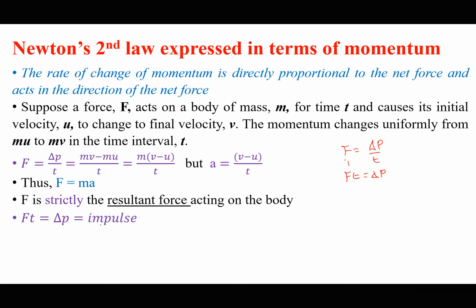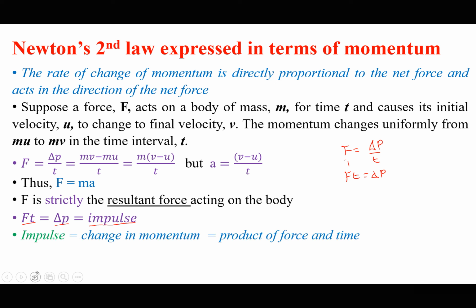And the change in momentum is called the impulse. So impulse is equal to the change in momentum, which is the same as the product of force and time, where F is the net force.